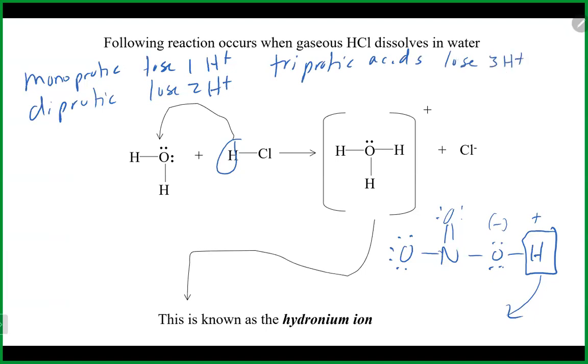By the way, when something has the ability to lose 2 or 3 hydrogens, they actually do come off one at a time. They don't all just drop off. They come off in a stepwise fashion, one at a time, until they have all been released into that solution.